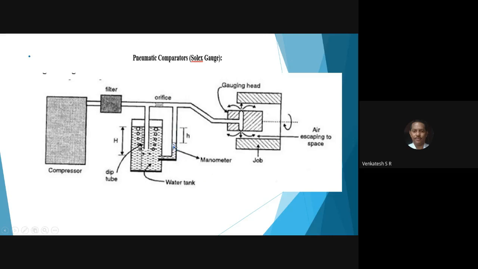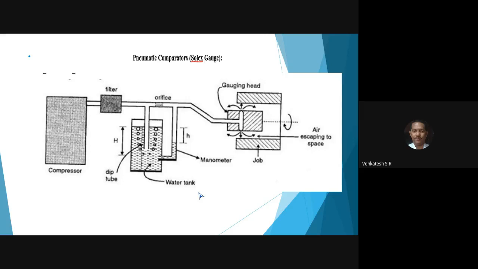You can set the plus or minus dimension of the liner in the manometer and see that the liner or bore of the component is correct, then accept, otherwise directly reject. This is the principle of operation of the pneumatic comparator or the back pressure gauge or Solex gauge.